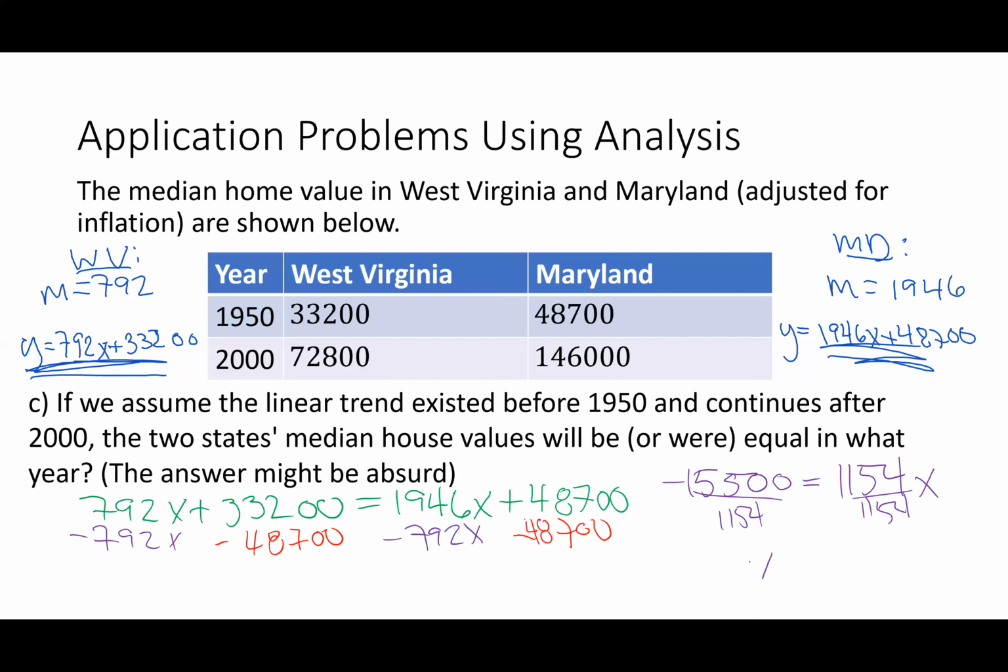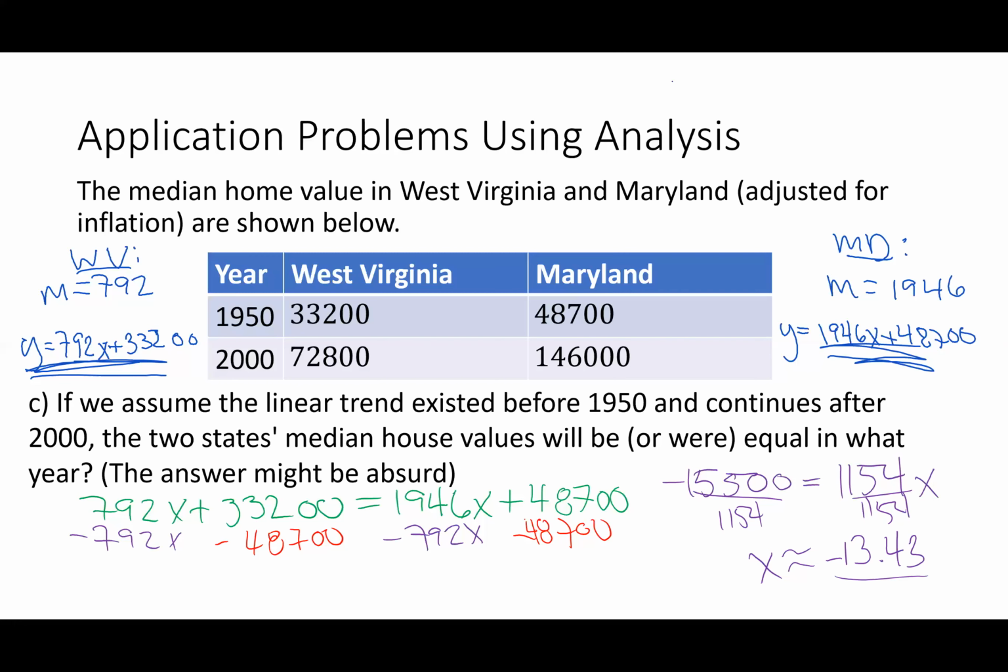Now I'm going to divide both sides by 1154. And I get x is about equal to negative 13.43. So what this means is 13 years before 1950 is where you've got that equality. So you're actually going to need to go backwards a little bit more.